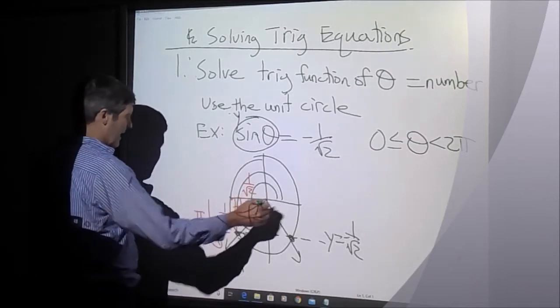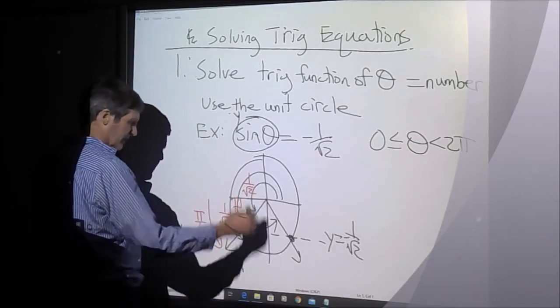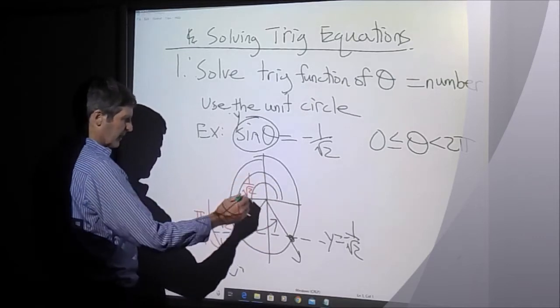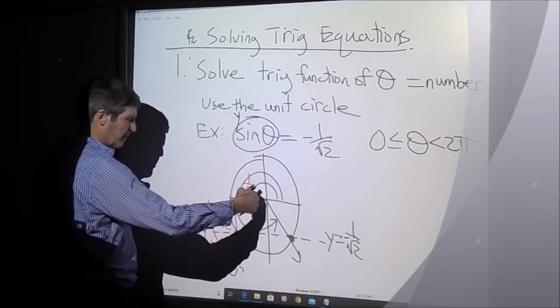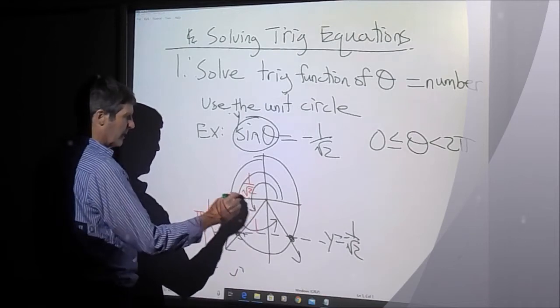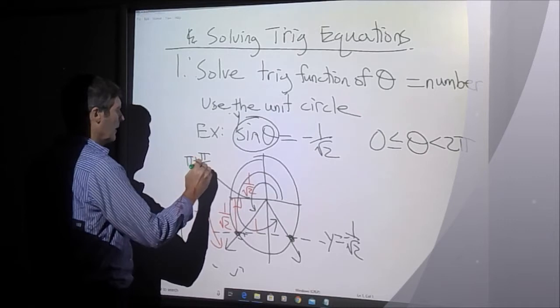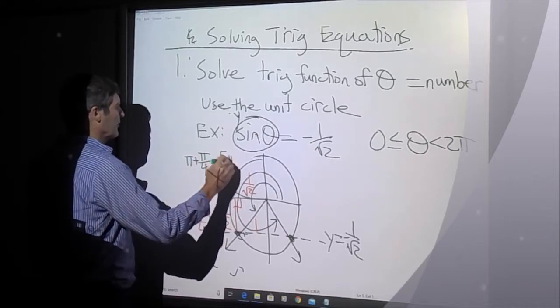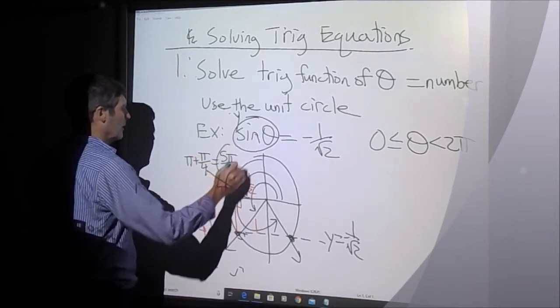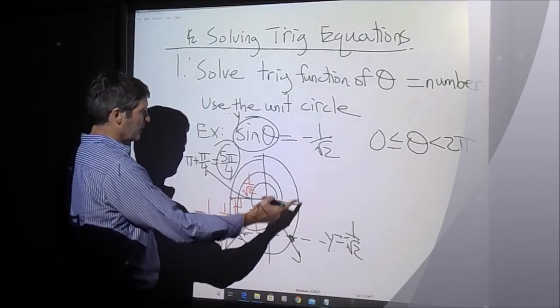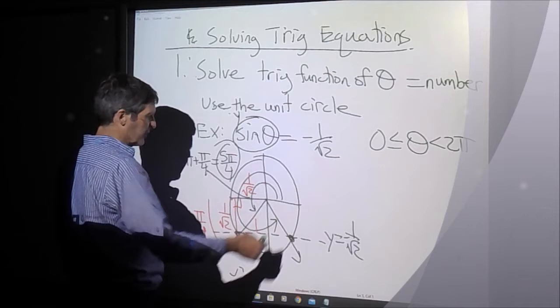Now that being the case, the angle here that goes around to this position must be pi plus pi over 4, which is 5 pi over 4. So there's one solution. Now the other one, I go all the way around and back up this far, and what is that?